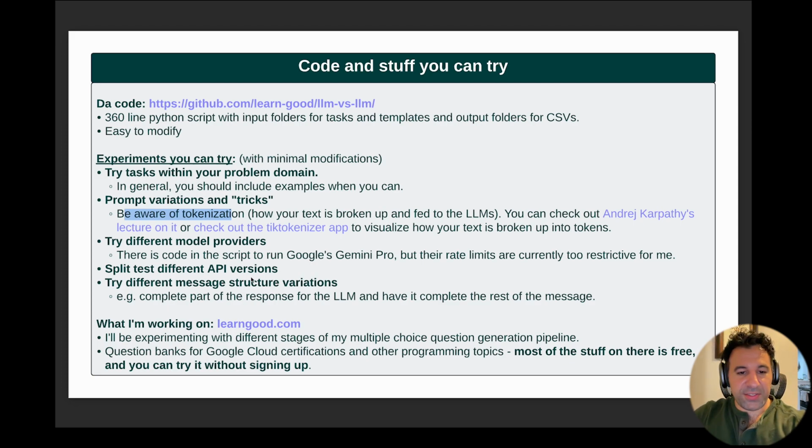I've yet to try it, but I probably will on later releases of GPT-4. And then you can get fancy with the message structure. You can try completing part of the response for the LLM and seeing if you get a response that you like better. And you could try that with multiple models.